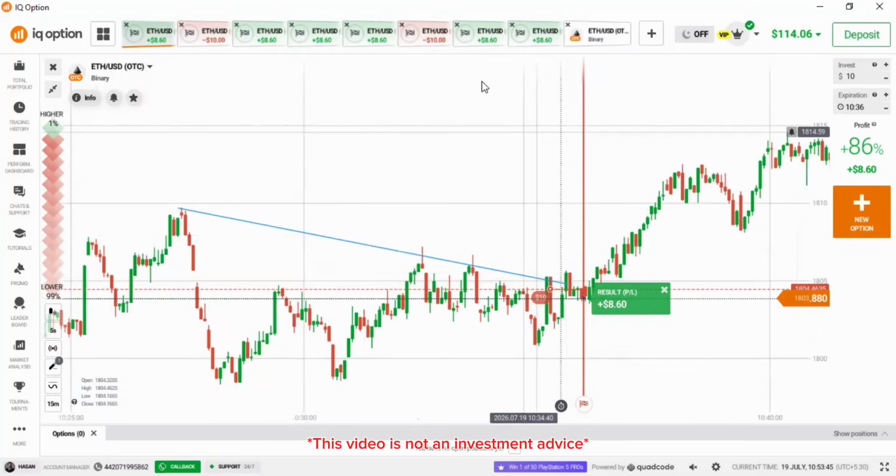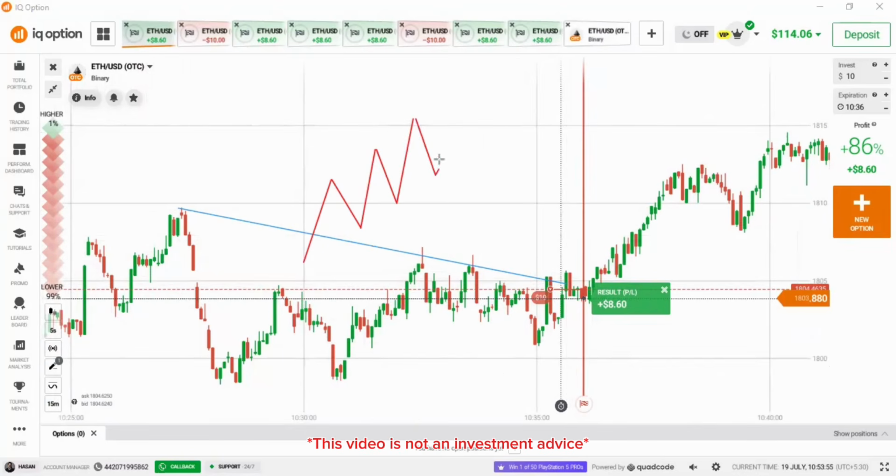So if you want to place your trade, you need to follow one market structure. Okay. So if the market is making higher highs like this, and the market makes a lower low the first time, before going to make the lower low, the market will move like this. So when the market makes a lower low the first time, try to draw a trend line like this.